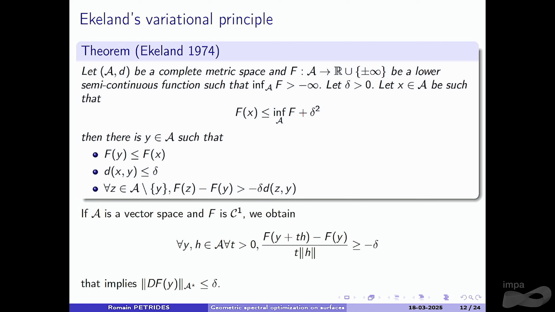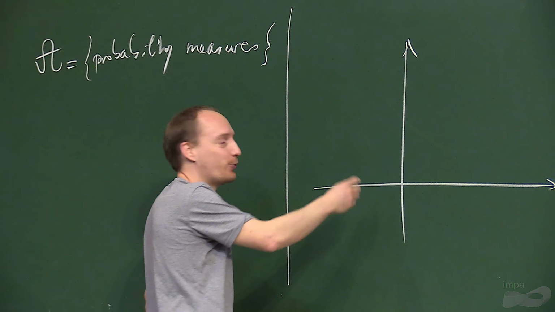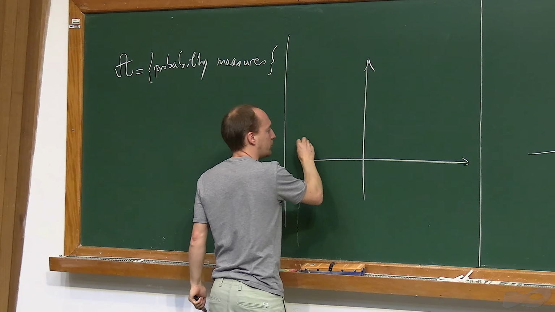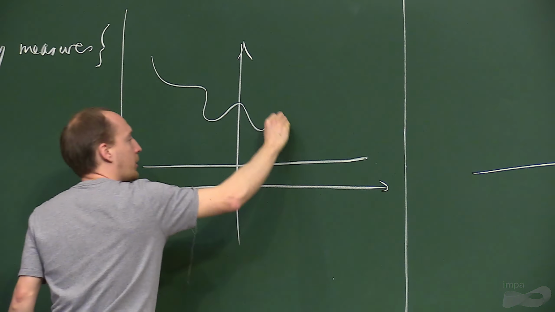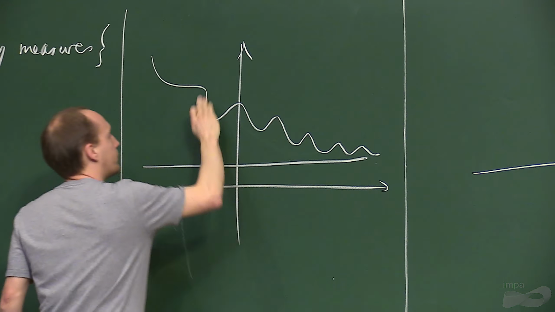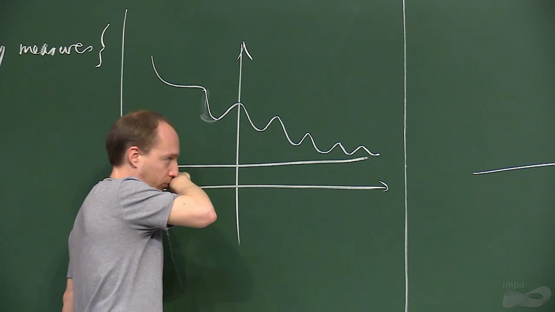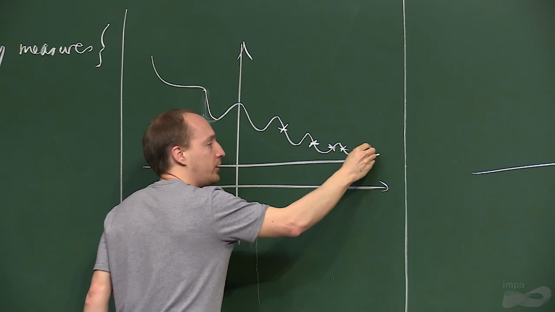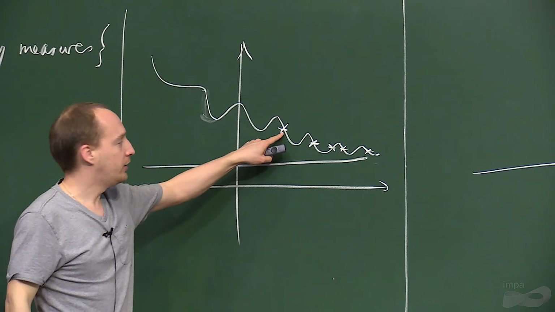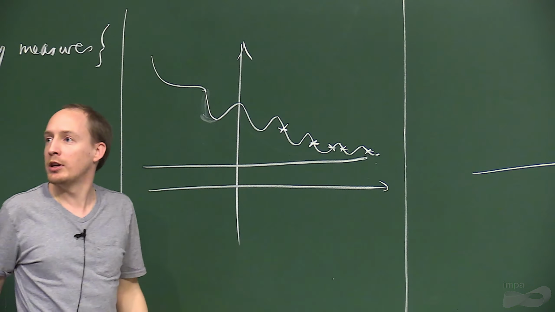So a drawing we can do is the following one. Imagine your function is just a one-dimensional function. Imagine you want to approach the infimum, and your function does some kind of graph like this. You choose a minimizing sequence. So at the beginning, it's a bad minimizing sequence in some sense, in the sense that it is far from being critical, in the sense that the derivative is far from being equal to 0.